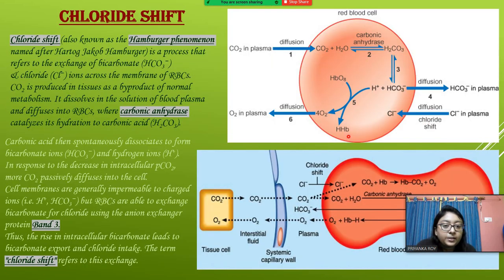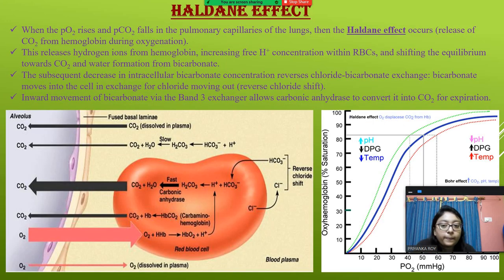Within the RBCs, this H+ concentration is increasing, and therefore it shifts the equilibrium towards CO2 and water formation from bicarbonate ions. So there is a decrease in intracellular bicarbonate ion concentration, and it reverses the chloride bicarbonate exchange.